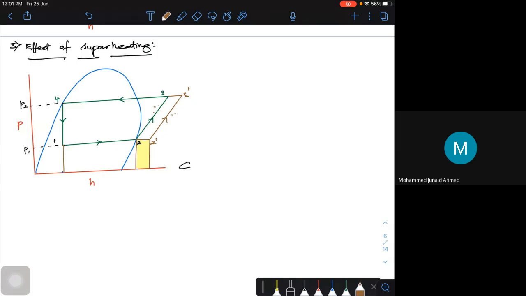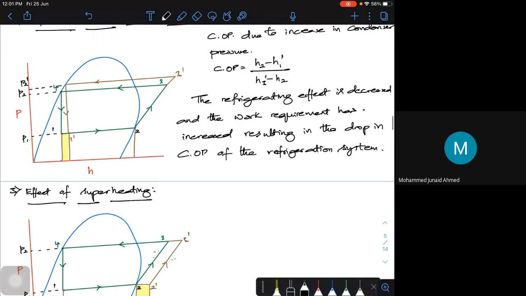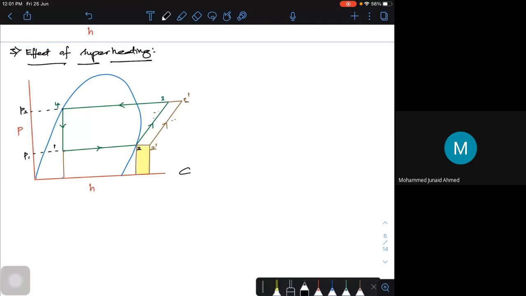Now let's try to write it actually. The effect of superheating: the COP due to superheating of the fluid in the evaporator.